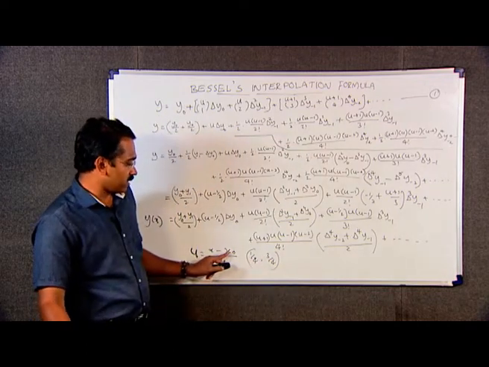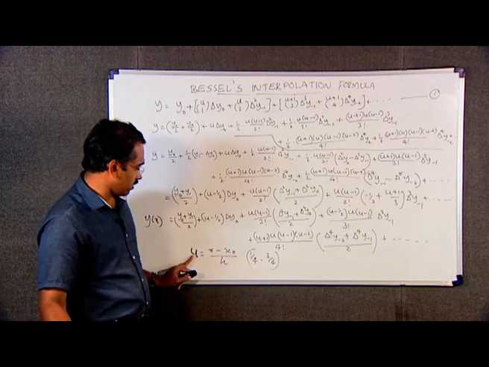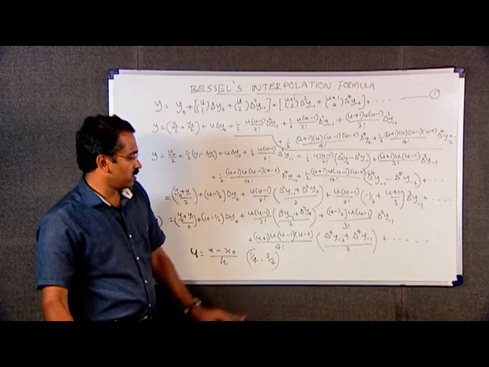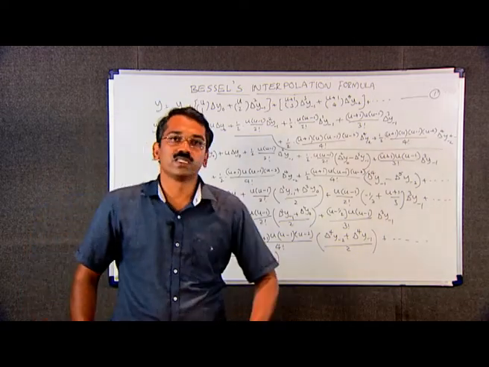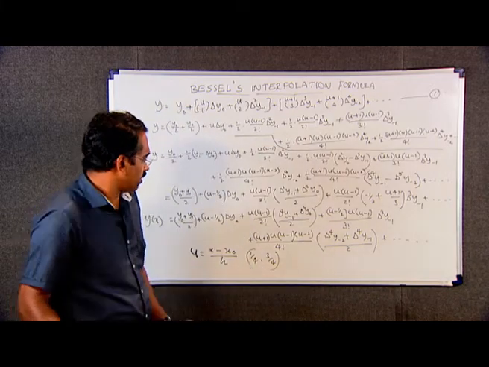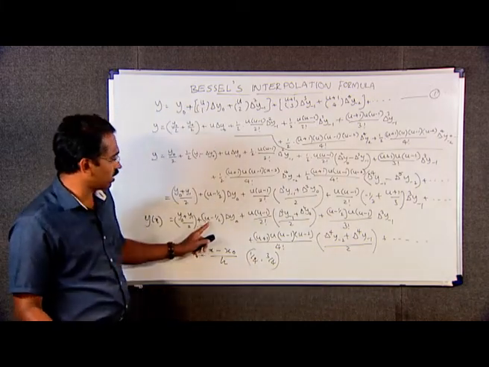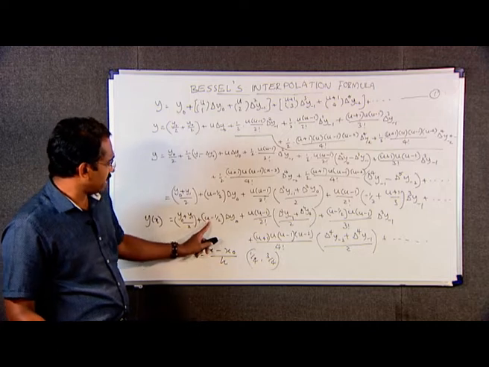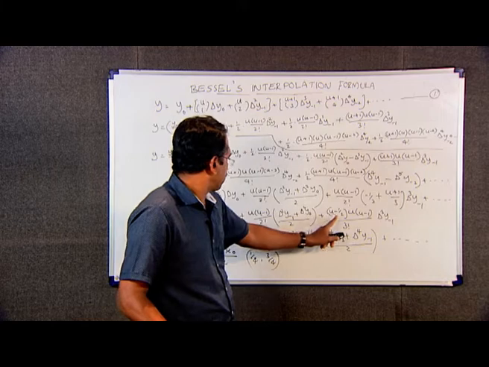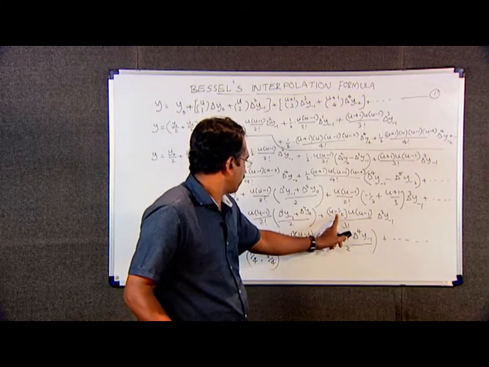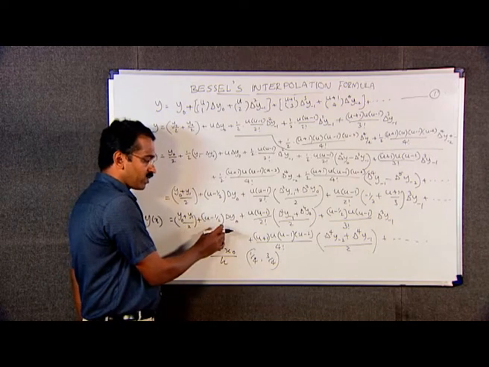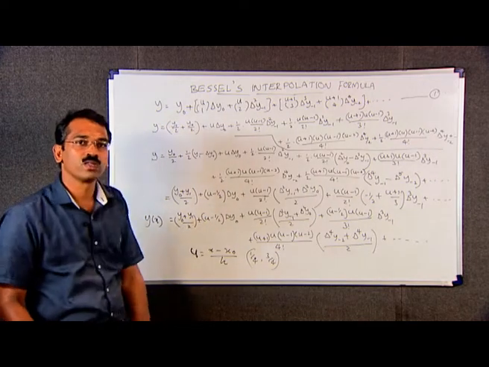If we choose x naught such that u lies between 1 by 4 and 3 by 4, we will get better accuracy in the interpolating value. And note that if u equals 1 by 2, this second term will become 0, and this fourth term will become 0, and so on. That is, the terms containing u minus 1 by 2 will become 0.